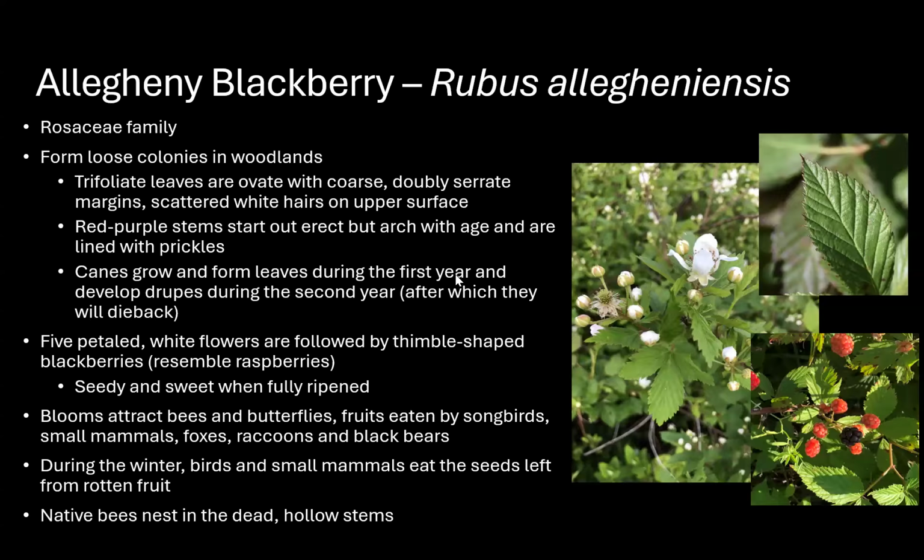Now, we won't go too in depth because it's like a whole chapter on blackberries, but the canes for the first year are going to develop leaves, and then the second year they are going to flower and set fruit. And then typically after that second year, they will die back. So that's pretty common for these types of brambles.